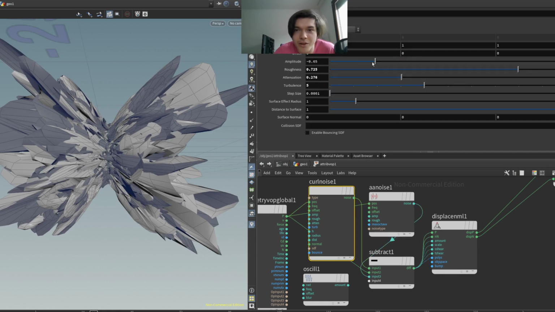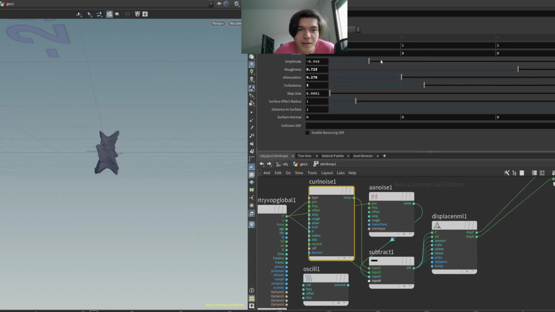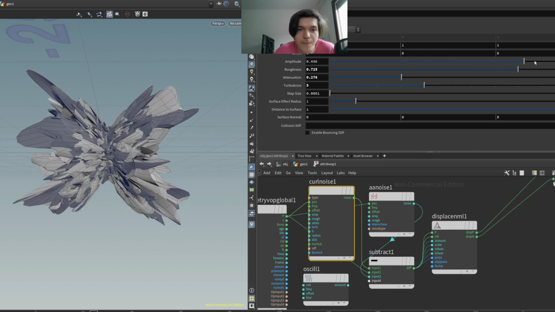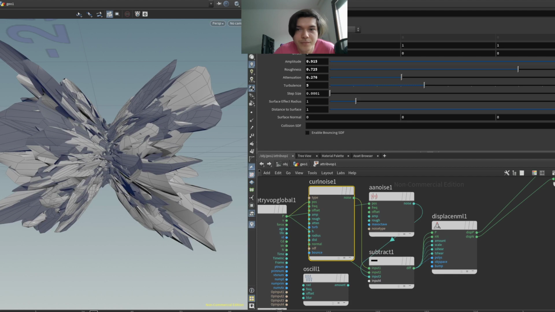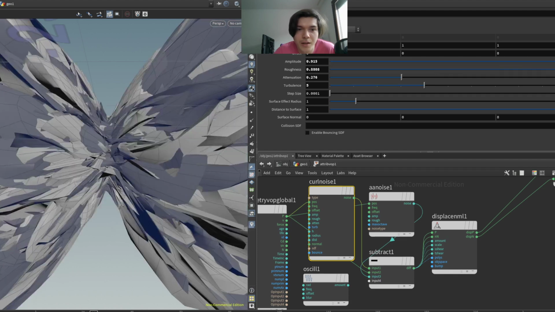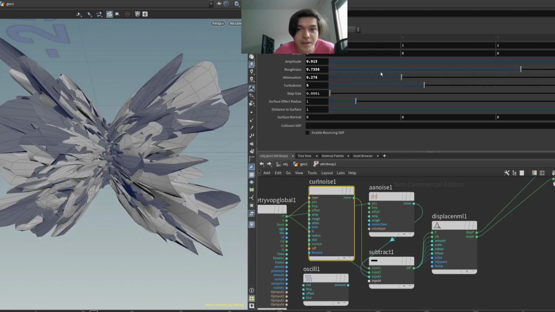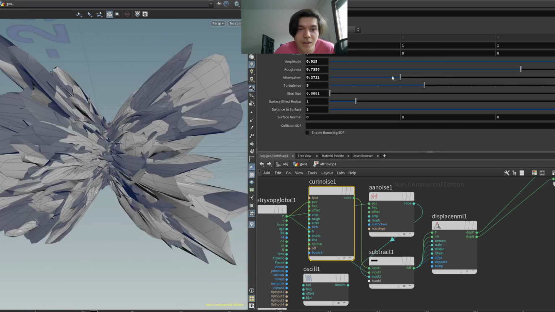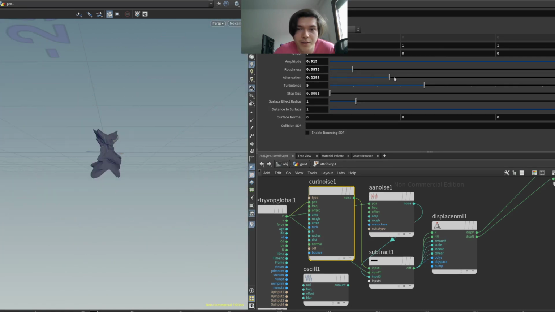What about the kernels actually? Okay, I see. Apparently we need a lot of roughness there. Or just not a lot of roughness and a lot of attenuation.